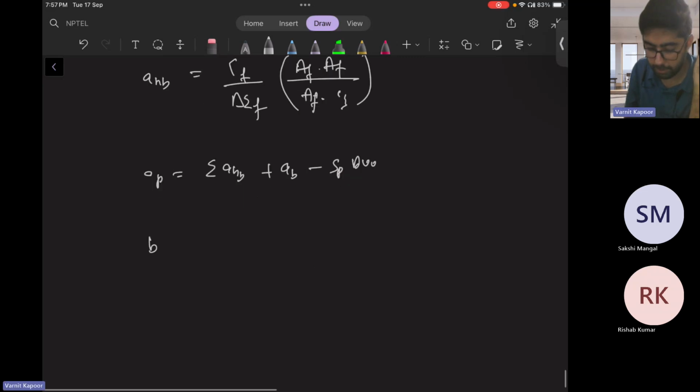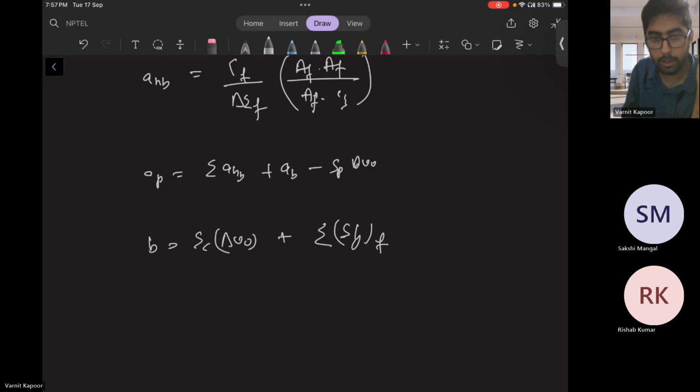And b will be SC del V naught plus SG of the internal secondary gradient factor plus Ab phi b, you have the boundary nodes, plus secondary gradient of the boundary.